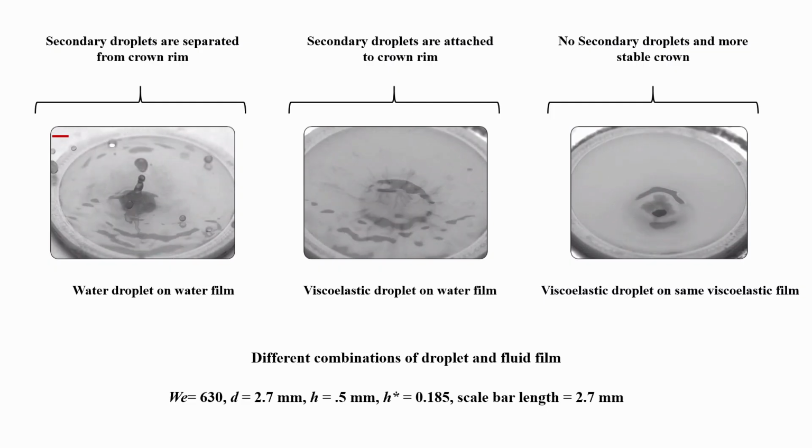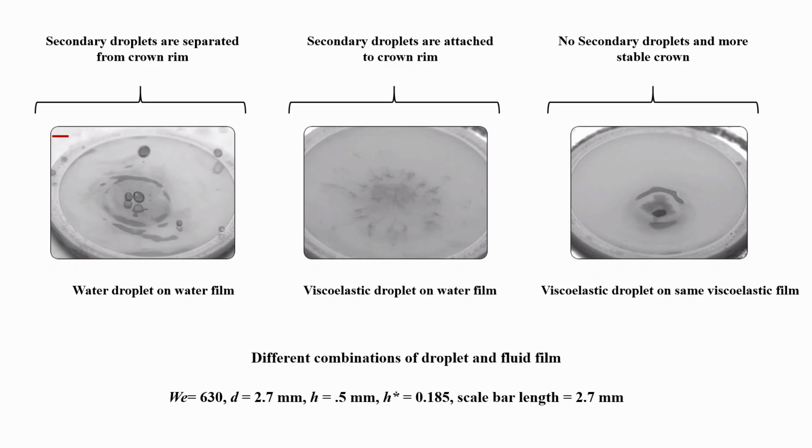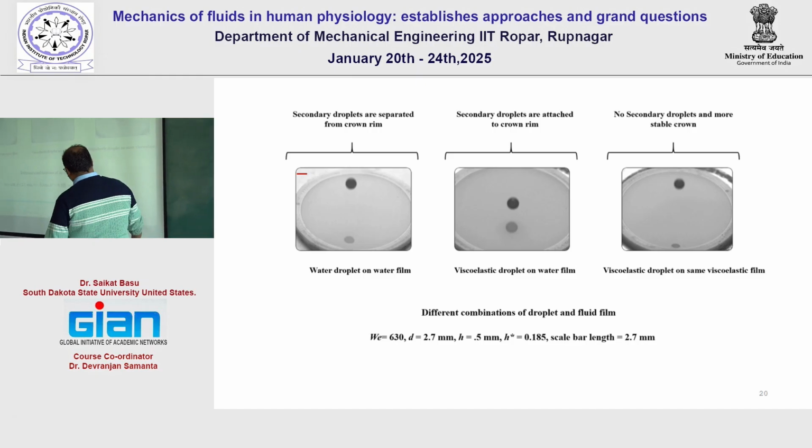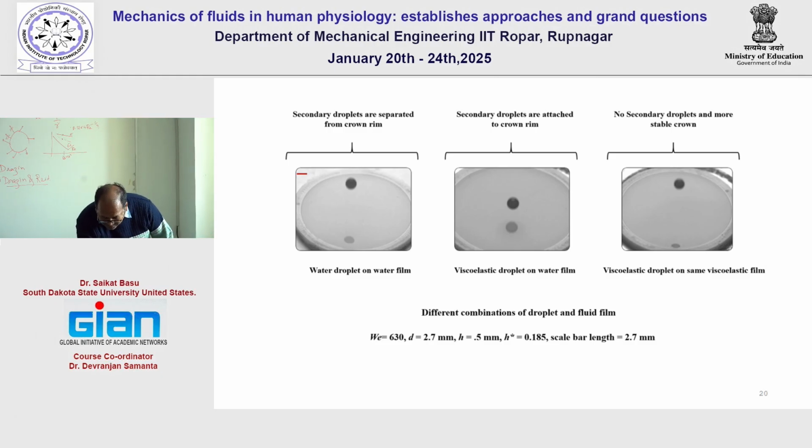In the third one there will not even be filaments coming out from the outside rim. So you can see in the water case the secondary droplets are breaking away. In the viscoelastic droplet on water film, there is rim instability happening. But when a viscoelastic droplet falls on the viscoelastic film, there is no rim instability.